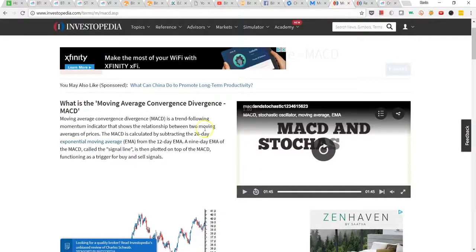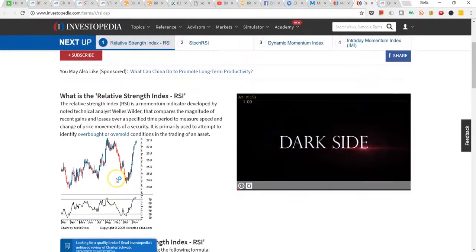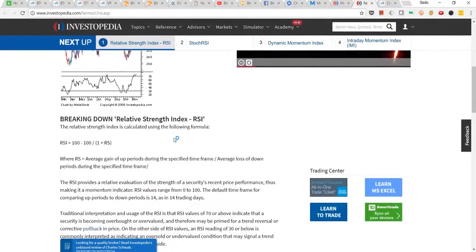So the moving average convergence divergence is basically a momentum indicator that shows a relationship between two moving averages of prices. It's typically the 26 period and the 12 period EMA. The RSI, on the other hand, is a little bit different. It's a momentum indicator that is calculated using this formula.